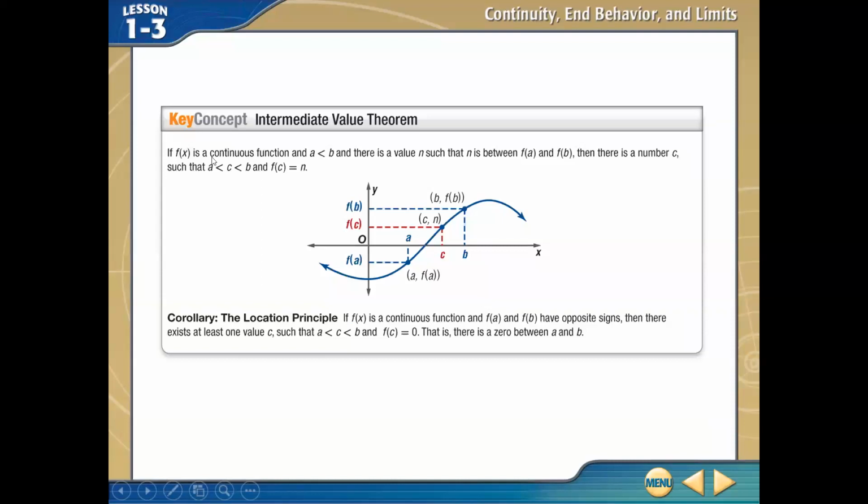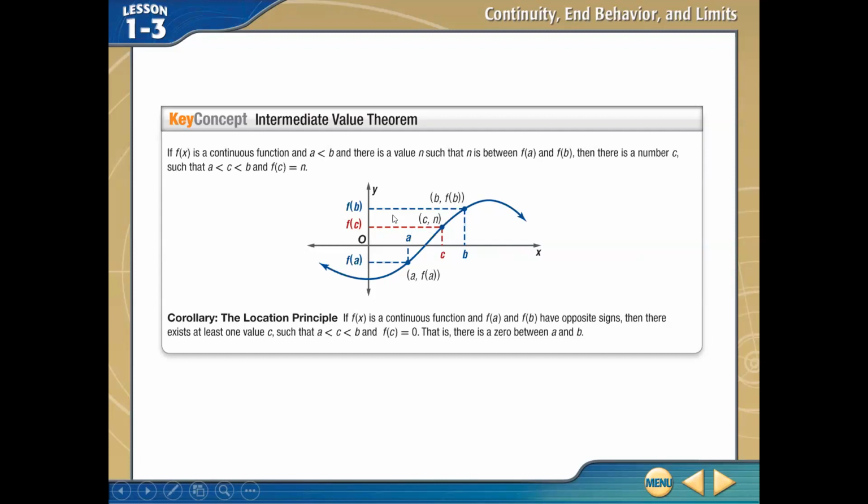So more or less, what it's saying, and this sets up to approximate zeros. So we have our a value here, which is less than our b value here. There's a point here that falls in between them at c. As long as this graph is continuous from here, the value of n should be between f of a and f of b. Okay, and it makes sense logically.